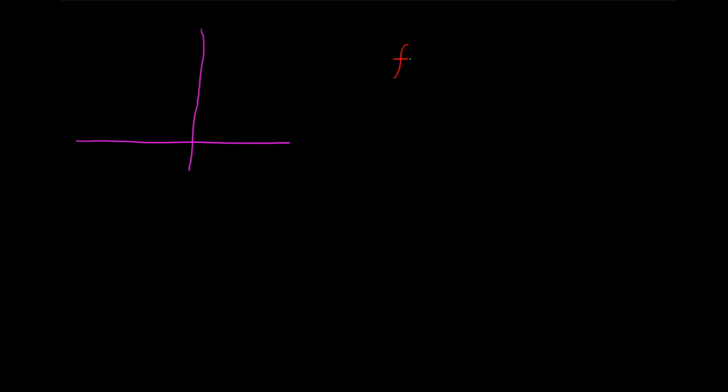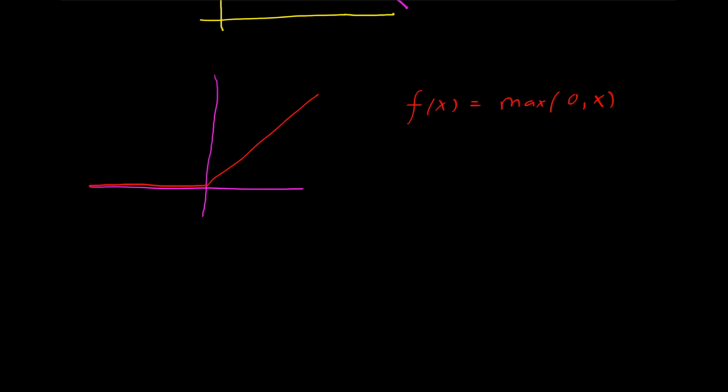In fact, you can even use the most simple nonlinear function you can think of, which is this one. If you wanted to think of the most contrived, stupid nonlinear function in the world, it would be this. But because it's so stupid, we have to have a cool sounding name for it.